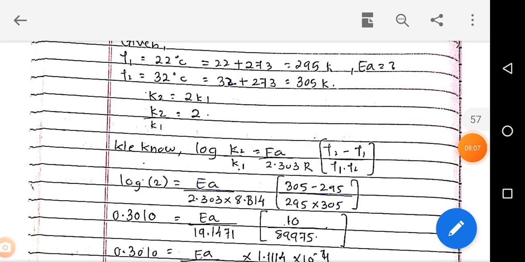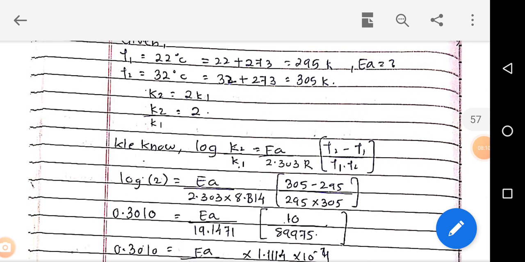Using this equation is the most important key to these numerical problems, because we have the values of T1 and T2, and the K2 value is not given as a constant but in the form of a proportion. So by using this we can find out the EA, because in the equation there are only four terms: K1, K2, T1, T2. R is the constant.